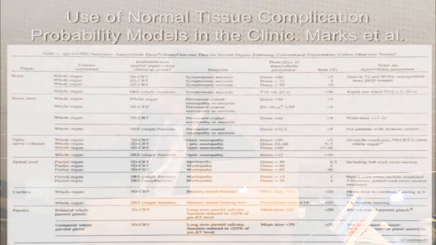Between a dose of 55 gray to 60 gray, a 3 to 7% chance of optic neuropathy. Greater than 60 gray, there's a 7 to 20% chance of optic neuropathy. And with single fraction radiation, like stereotactic radiosurgery, if you keep a dose of less than 12 gray to the optic nerve and optic chiasm, the rate of optic neuropathy is less than 10%.